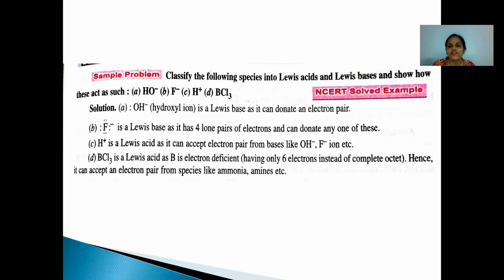So I repeat, OH minus and F minus act as Lewis bases, and H plus and BCl3 act as Lewis acids. So hope it's all clear.